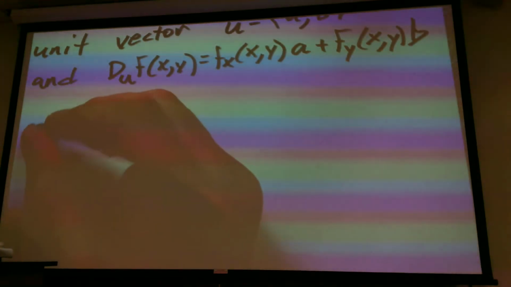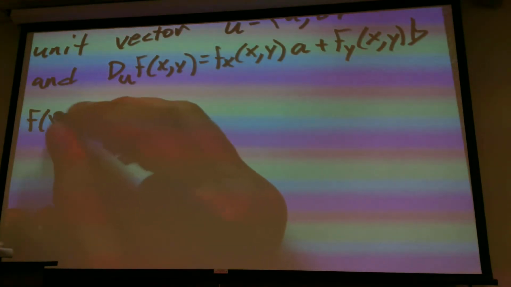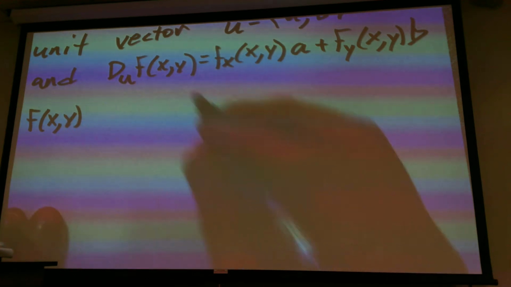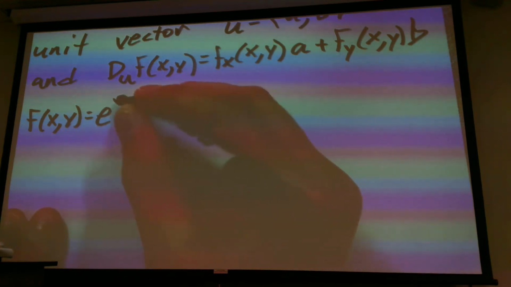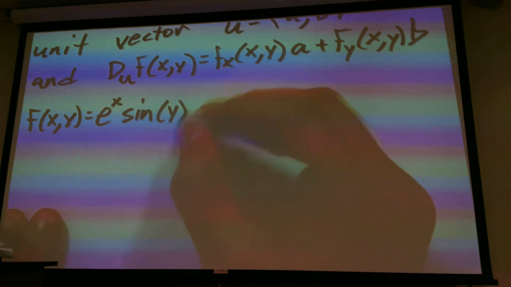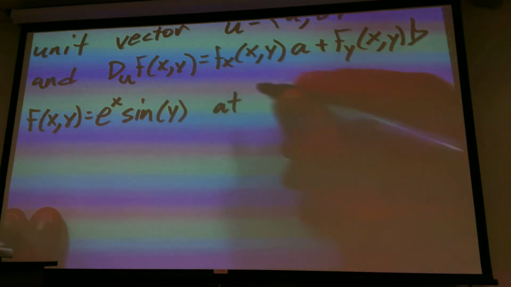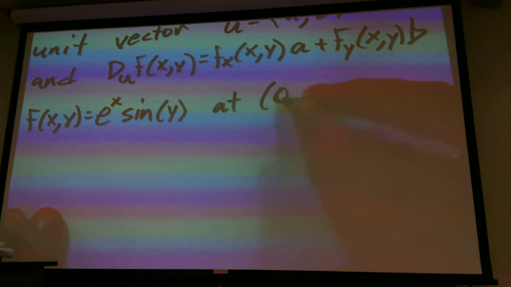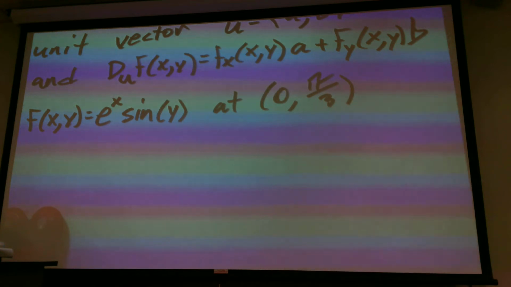Let's start off with f of x, y is going to equal e to the x times sine of y, and let's do it at the point (0, pi over 3). Okay?